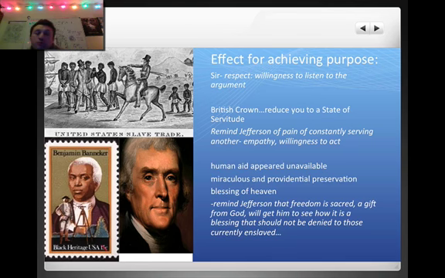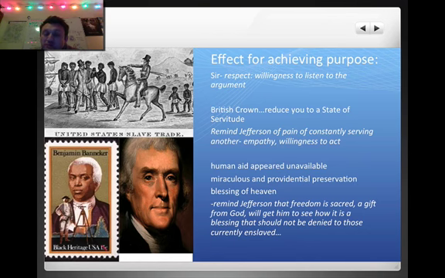Then we have that really great religious language and this idea that human aid appeared unavailable. Here, Banneker is very subtly introducing that something greater is at work when a group of people are offered the opportunity to be free, to have some self-control over their own determination and their own factors in their life.